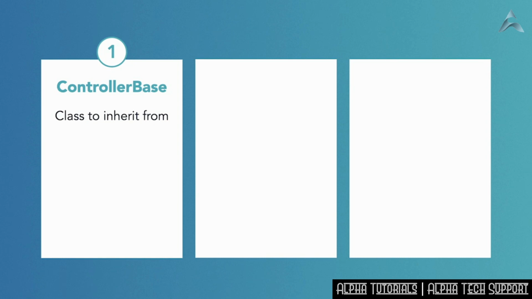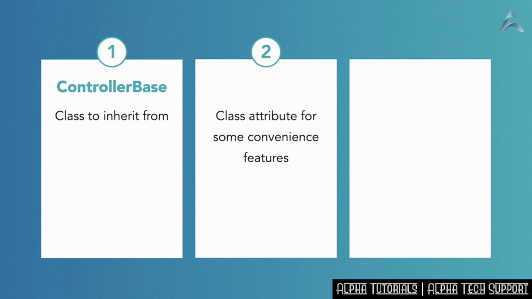Then this controller class needs to be adorned with the API controller attribute. And that adds some convenience features, so many things that are very important for APIs just work out of the box.